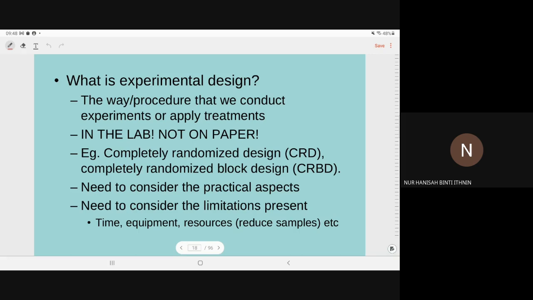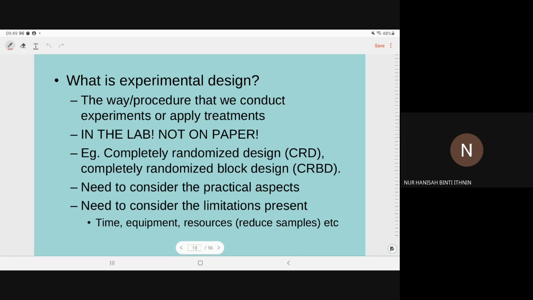So before you determine which DOE, or design of experiment, you are going to use, you need to go to the lab where you are going to do your experiment, and more specifically, where you are going to apply your treatment onto your sample. You need to understand what you are going to do and determine your setup.